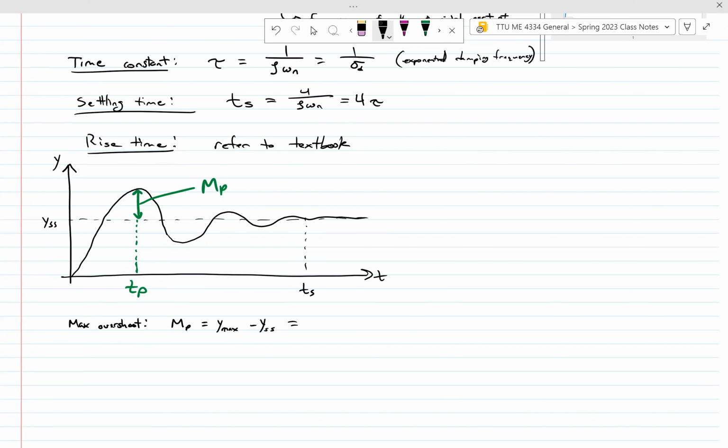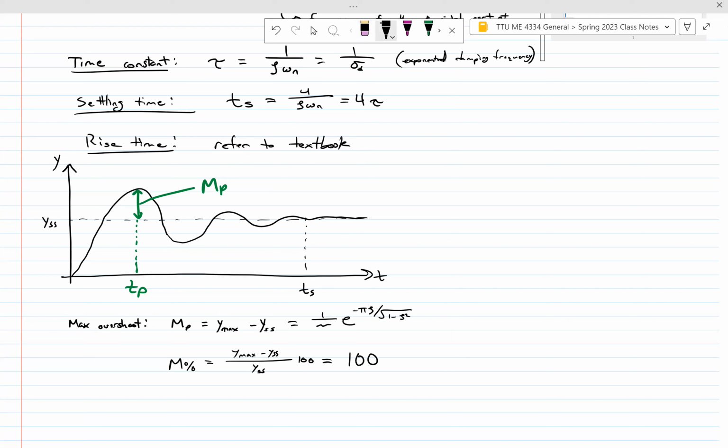And if it was a mass spring damper, we'd get 1 over some sort of constant times e to the negative pi zeta over square root of 1 minus zeta squared, right? What I think is a little bit more useful is to normalize it and make it max percent overshoot, where we divide this by the steady state value and multiply it by 100. We're going to use this one quite often.